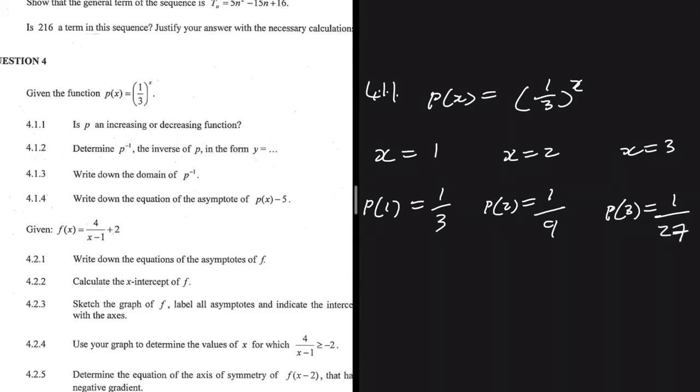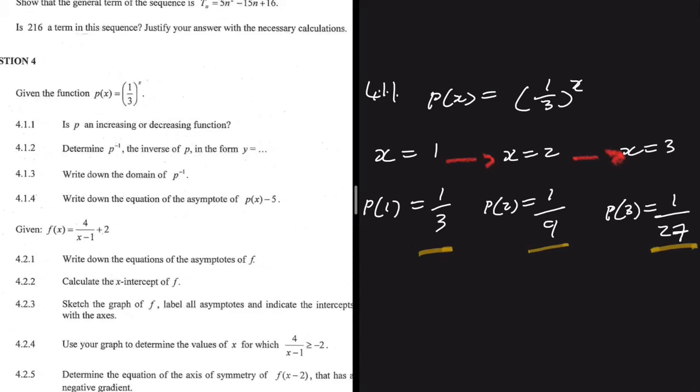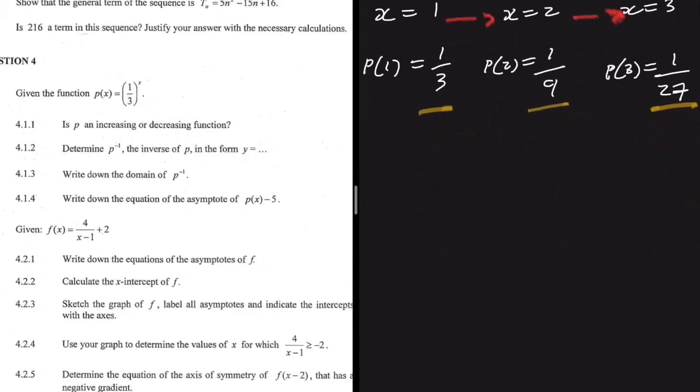Now it's actually easy to see that when the values of x are increasing, the values of y are decreasing, right? When x equals 1, we have 1 divided by 3. When x equals 2, we have 1 divided by 9. And when x equals 3, we have 1 divided by 27. We can see from that test that our function is decreasing, right? As the values of x increase, the values of y decrease.